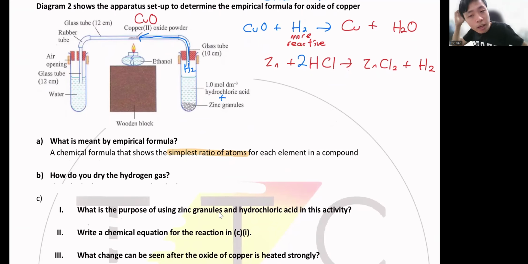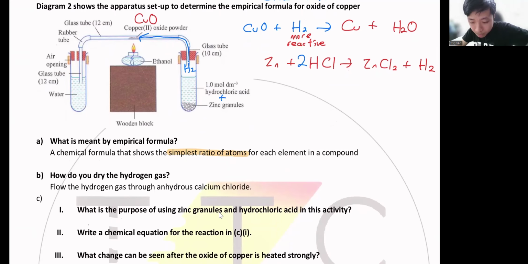Now, how to dry? One more thing. To dry means you use the anhydrous calcium chloride, CaCl2. It's a bit similar to, do you all know your moon cake or certain other food?